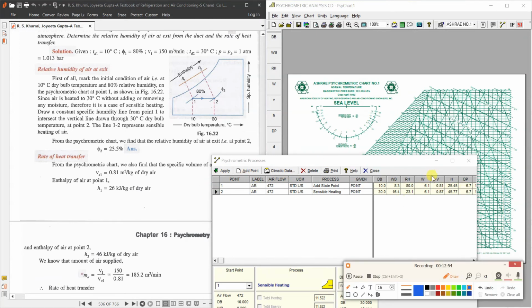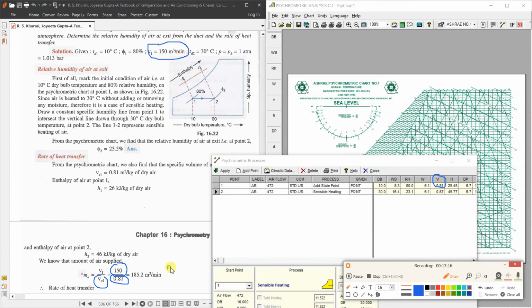So this is point number 1. This is specific volume 0.81 meter cube per kg. Same here you can see this value. This is also 0.81 meter cube per kg. And in numerator we have this value as 150 meter cube per minute.